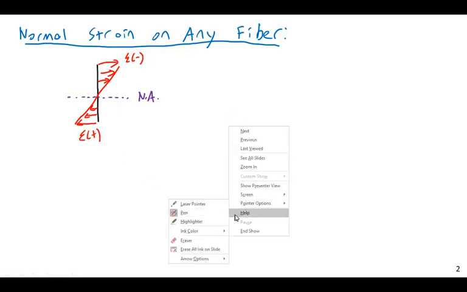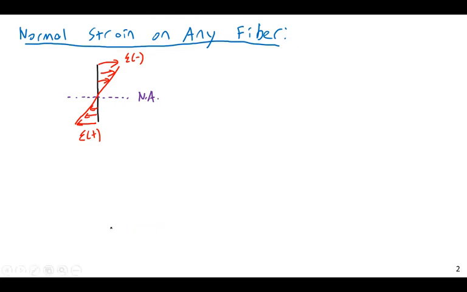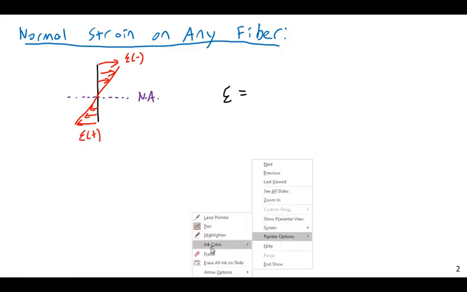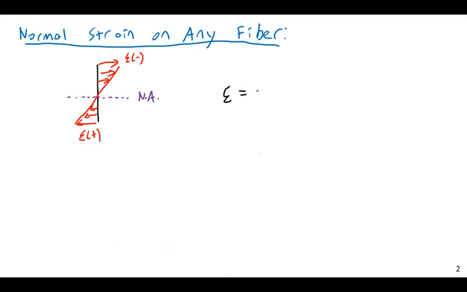Now, in terms of another relationship, if you just construct a relationship of similar triangles, you can find that strain is going to be equal to ds prime minus ds over ds.